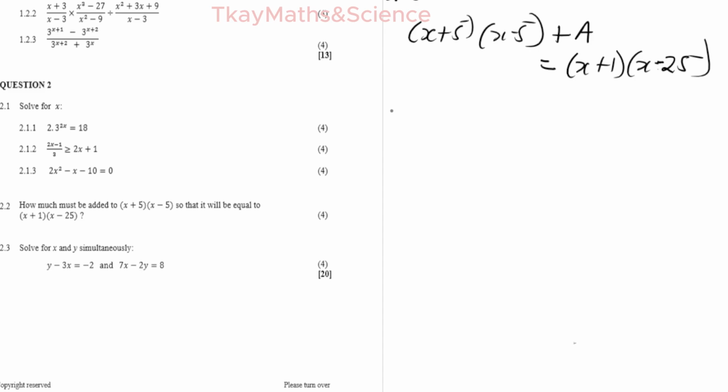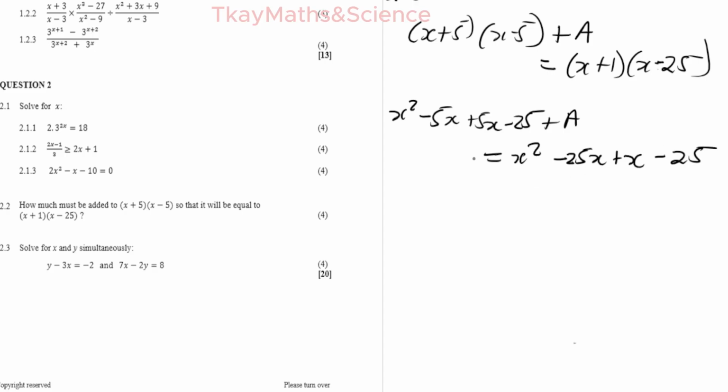Okay, x plus 5 times x minus 5, we get x squared minus 5x plus 5x, 5 times minus 5 is minus 25, right? Plus a, we equate it, it must get to this, which is x squared minus 25x plus x minus 25.